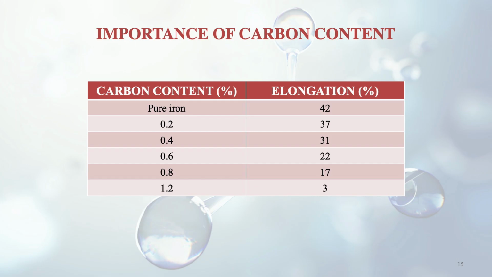Then at 0.2% carbon, elongation reduces to 37%, then at 0.4 it goes down to 31%, at 0.6 it goes down to 22%, at 0.8% carbon it goes down to 17% elongation, and finally 1.2% carbon content gives us only 3% elongation. 1.2% is the maximum limit, because after that it is no more steel, it is cast iron.